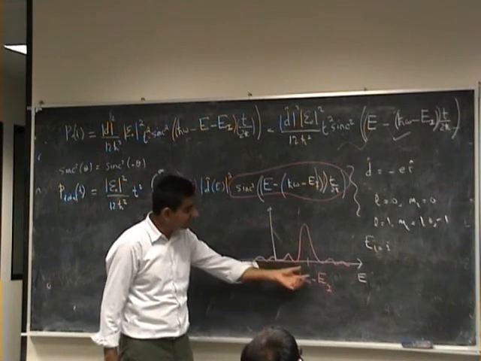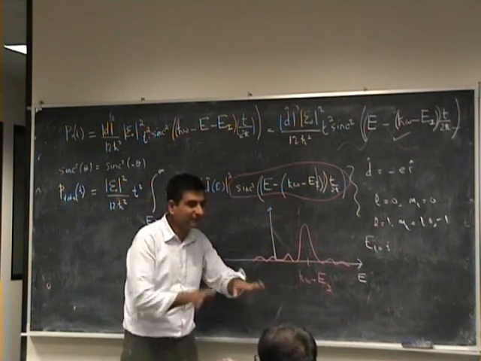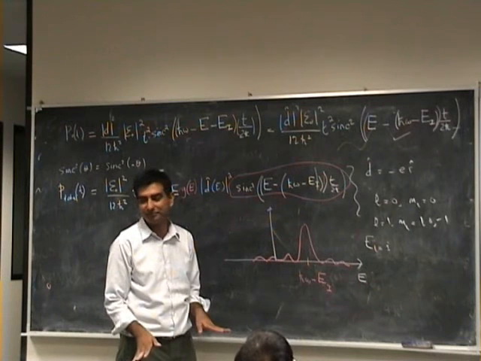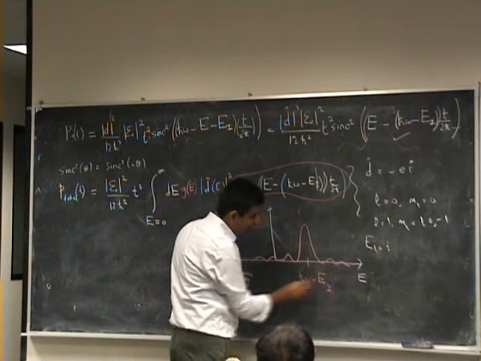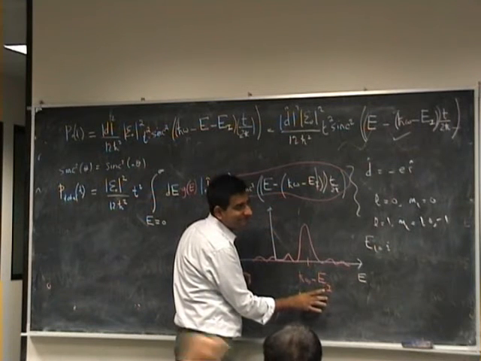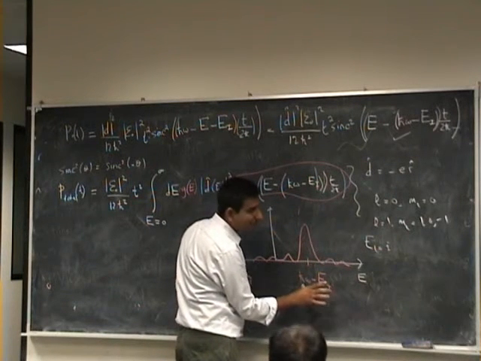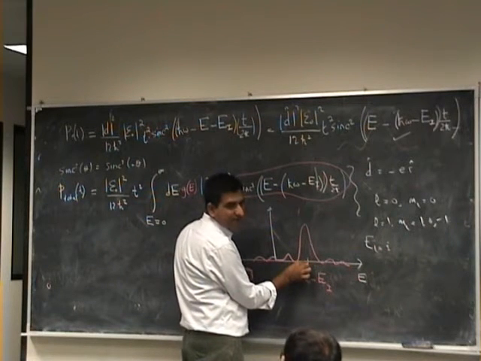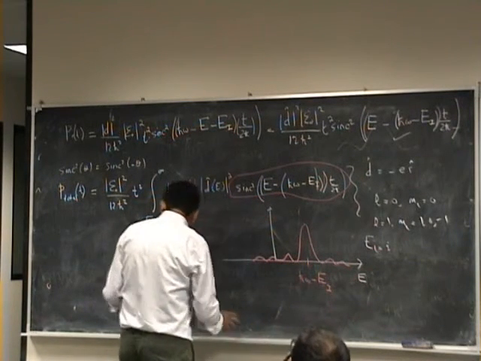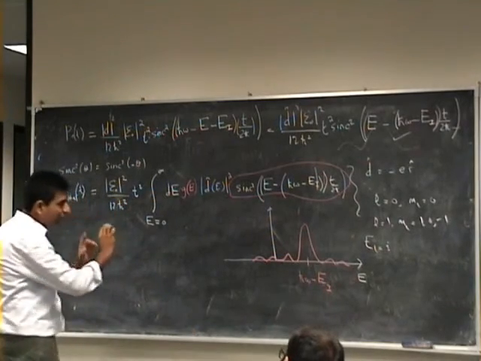This function is tightly peaked at this value, and everywhere else it rapidly decays to 0. So for energy values close to this, the function is tightly peaked, and everywhere else it is almost equal to 0.